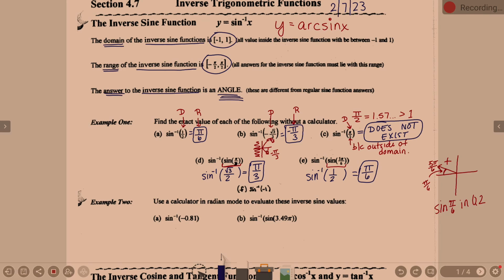Negative pi over 2. And why are we coming up with negative 90 or negative pi over 2? Because you go down, because it's negative 1. Then right there's negative pi over 2. Okay, so you're not finding a negative 1 or even a 1 in the sine column on your chart, are you? Okay, so 1s and 0s came up with the exception of tangent.